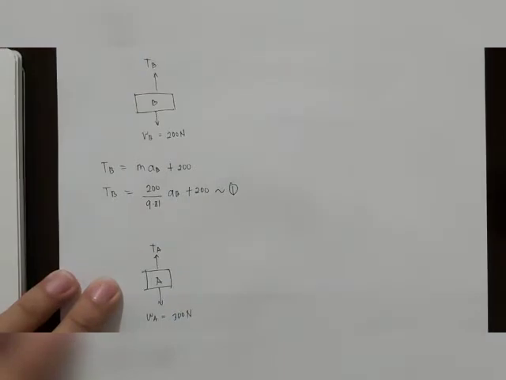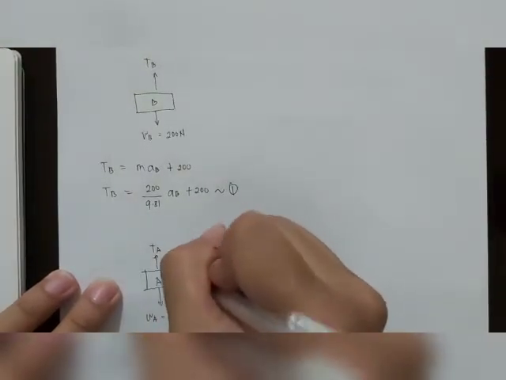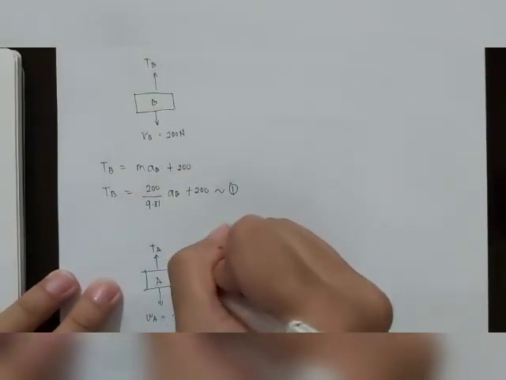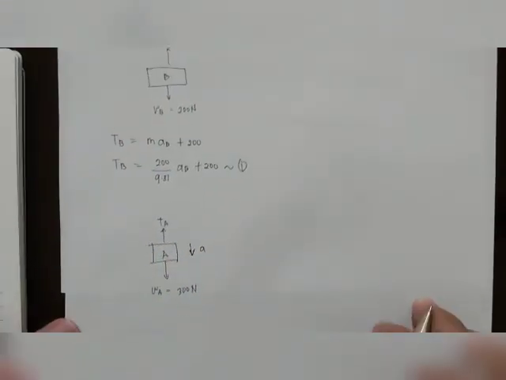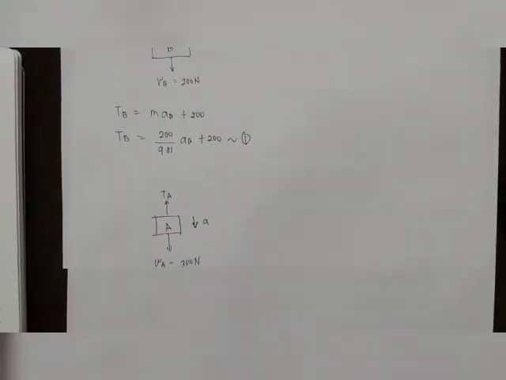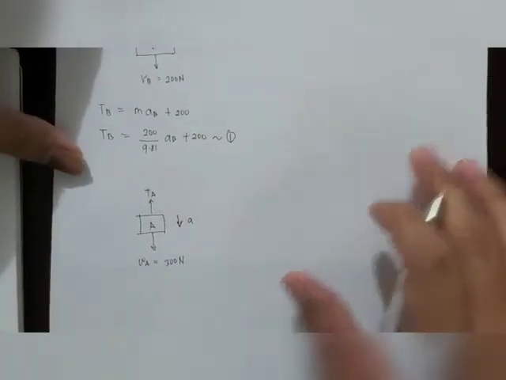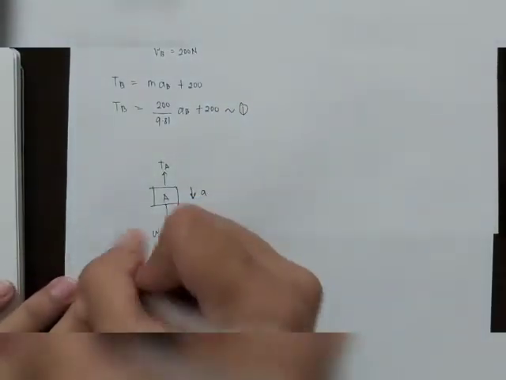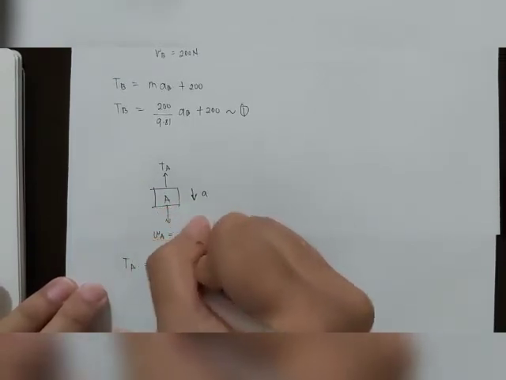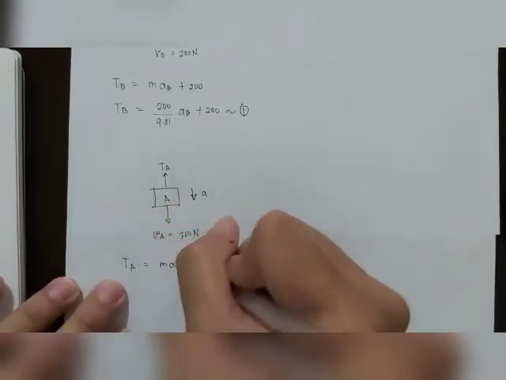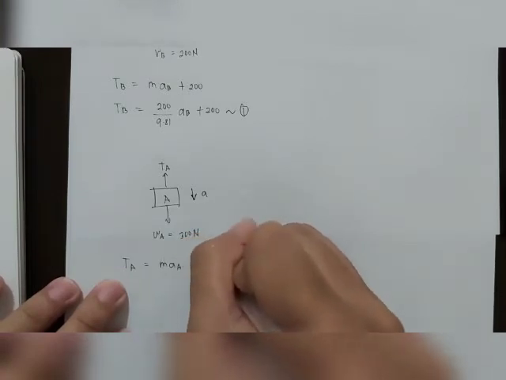So assume tayo na acceleration na downwards or negative acceleration natin. Okay, so from this free body diagram, makuha tayo na equation na tension A is equal to the mass times acceleration of A plus the weight of 300 Newton.